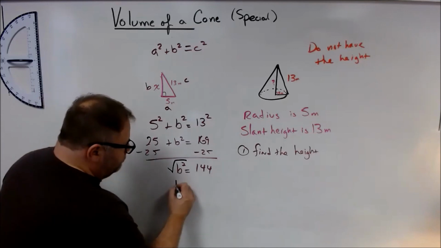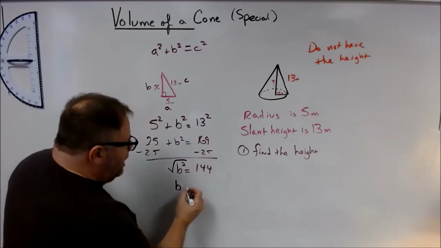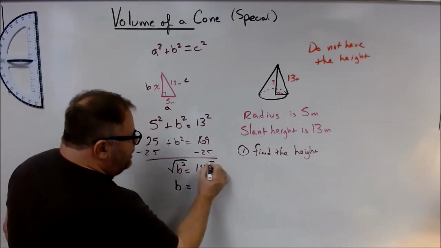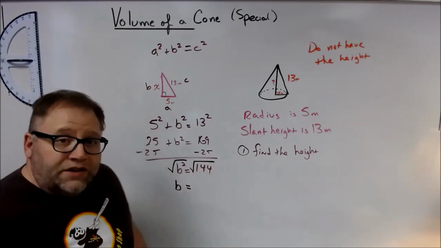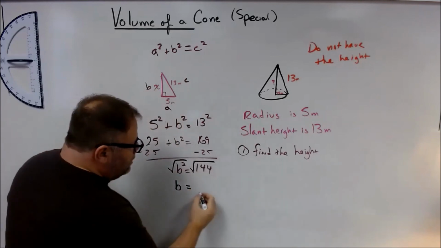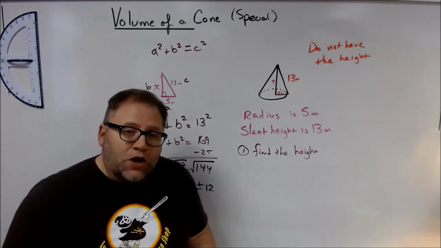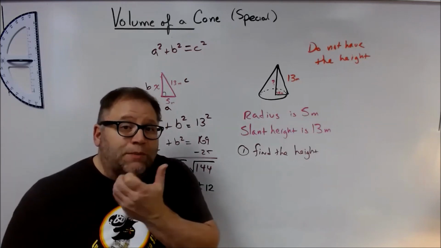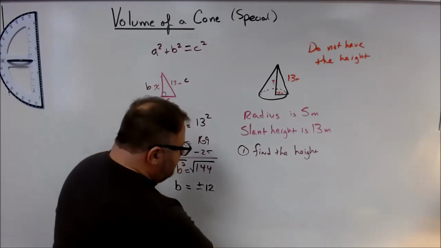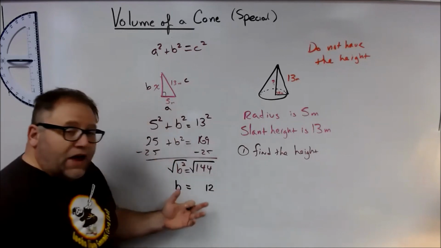Well, b times b is b squared. And if we use the square root here, we've got to use it on this side. The square root of 144 is plus or minus 12, technically. But because we're talking about a distance, we're just going to use the positive version. So I'm going to erase this. We found b is 12.